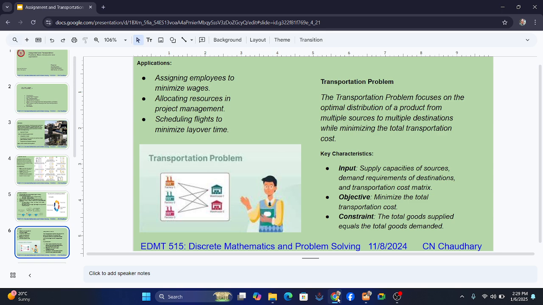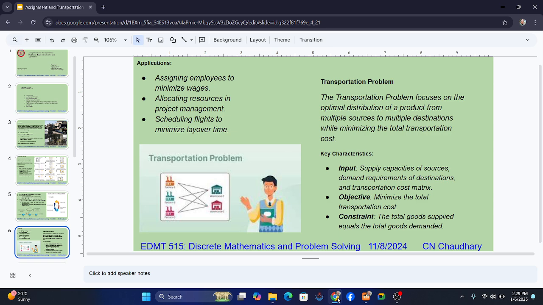Now we are going to talk about the transportation problem. The transportation problem focuses on the optimal distribution of a product from multiple sources to multiple destinations while minimizing the total transportation cost. Some characteristics of the transportation problem are here.